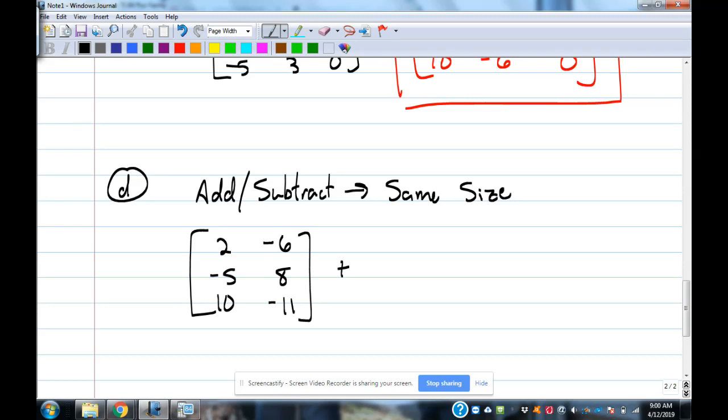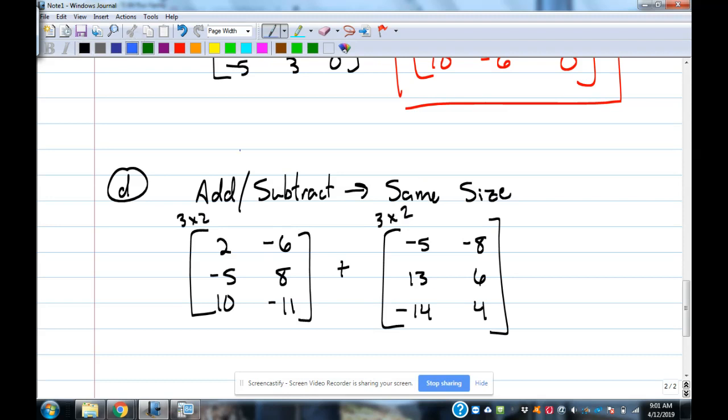So to add or subtract something to that, it has to be the exact same size, 3 by 2. So -5, -8, 13, 6, -14, 4. Again, this is a 3 by 2 plus a 3 by 2. It has to be the exact same size, or it's not a defined operation. If it's not the same size, you just say it's an undefined operation. Can't do that. Here they are the same size.